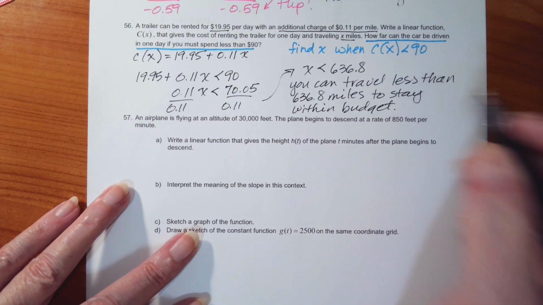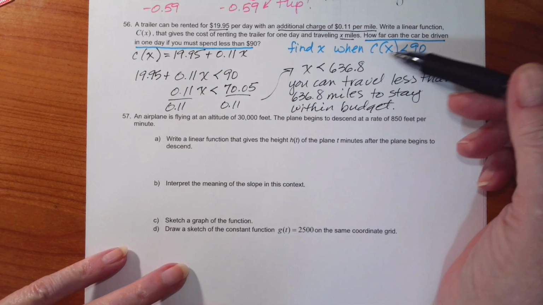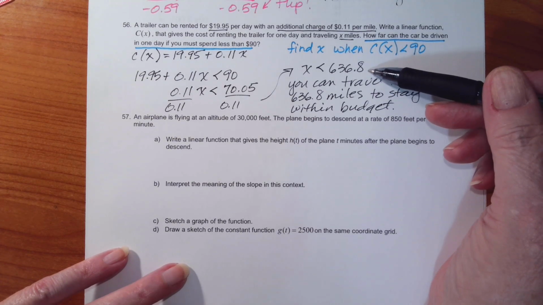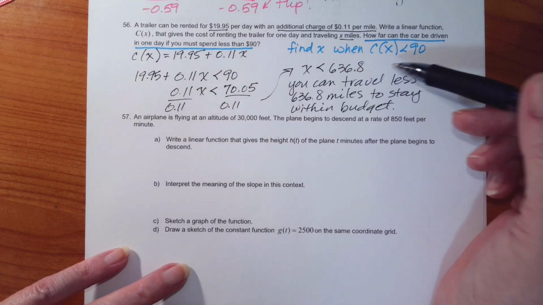There are so many ways to write these. Now you can think about, well, why don't you just round it up to 637? Well, because there are numbers in between 636.8 and 637.